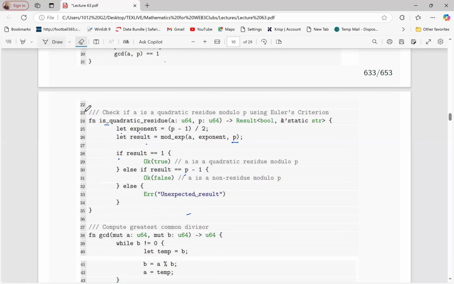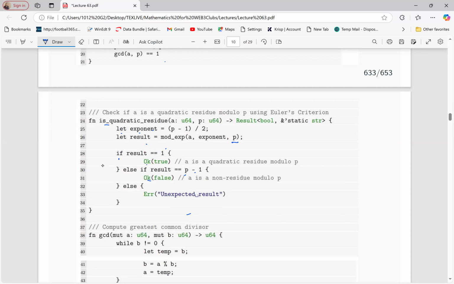Now, so we were looking at what it's doing. It's beginning by defining the power. Then after taking A raised to this power, mod P, it's telling you that if the result is 1, then the number is a quadratic residue. Else, if the result is -1 or P minus 1, then it's not a quadratic residue.